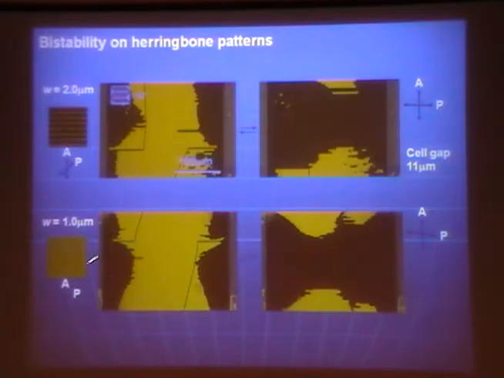So here in the stripe pattern, for example, depending on the characteristic anchoring variation, you see a defect being formed.